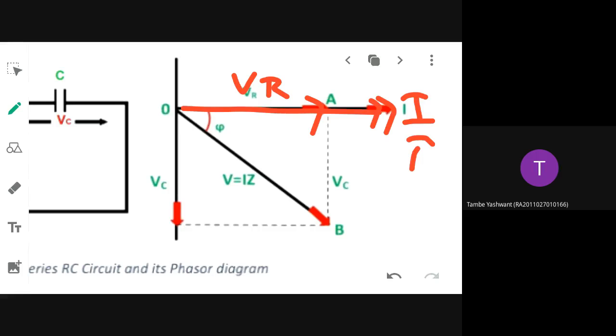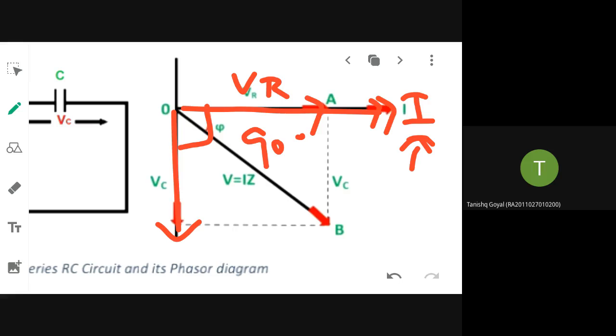How can I draw VC? I leads VC or I lags VC? I leads VC by 90 degrees. So VC is lagging by how much angle? 90 degrees.